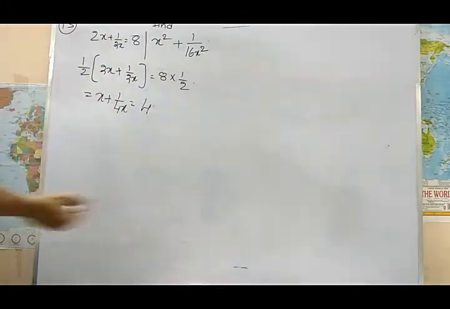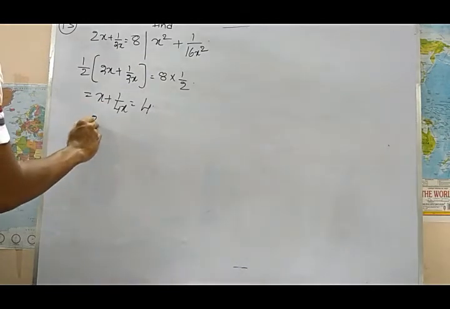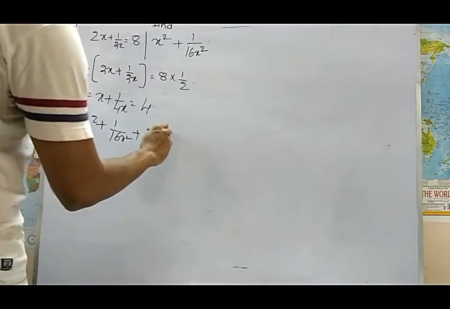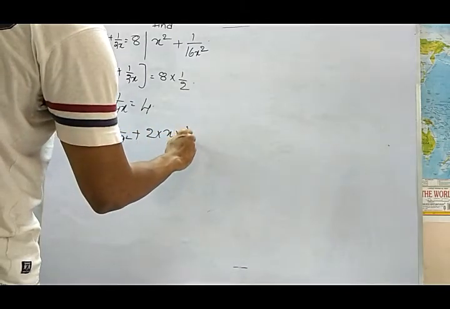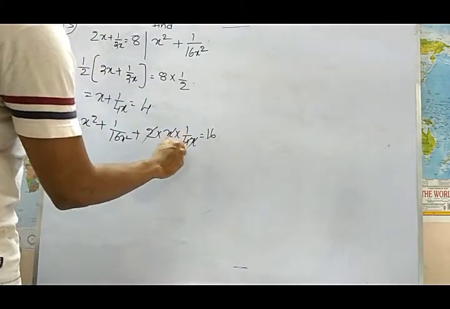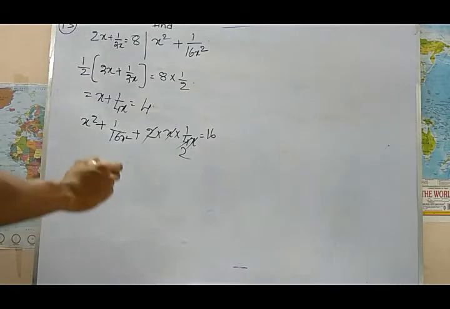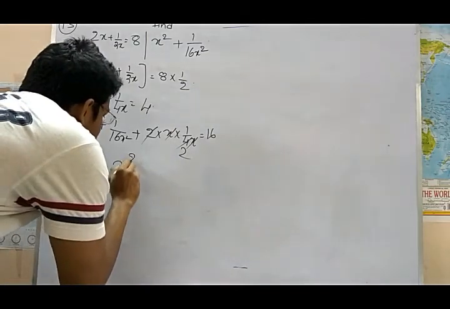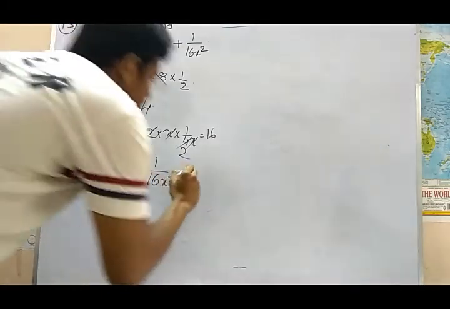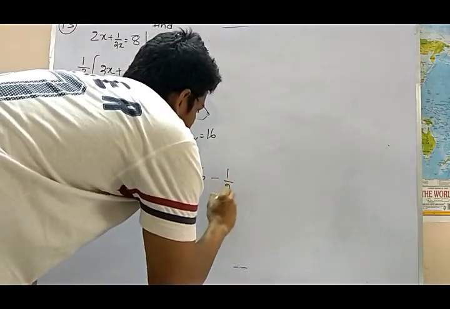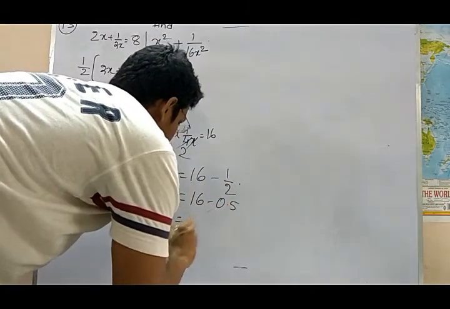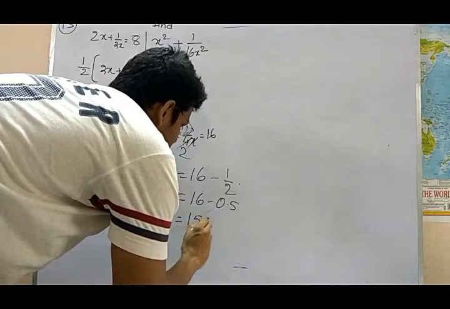So we need to do squaring on both sides. x square plus 1 by 16x square plus 2 into x into 1 by 4x equal to 16. x and x get cancelled, 2 and 2 here it goes in 4 2 times. So what we are left with, x square plus 1 by 16x square equal to 16 minus half. What is 16 minus half? 16 minus 0.5. It is 15.5.